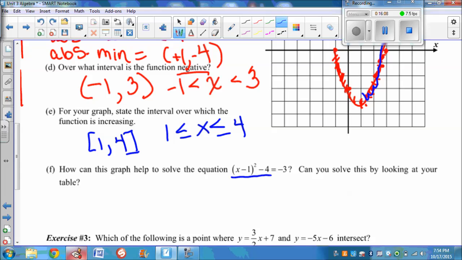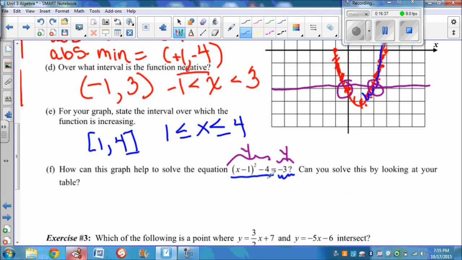How can this graph help solve the equation? So here was our original graph, and now they're saying when it's equal to negative 3. We've done this in our past 2 lessons. Negative 3 is that line right there, because our original function was y equals this, so that negative 3 is also a y. So where do those two intersect?